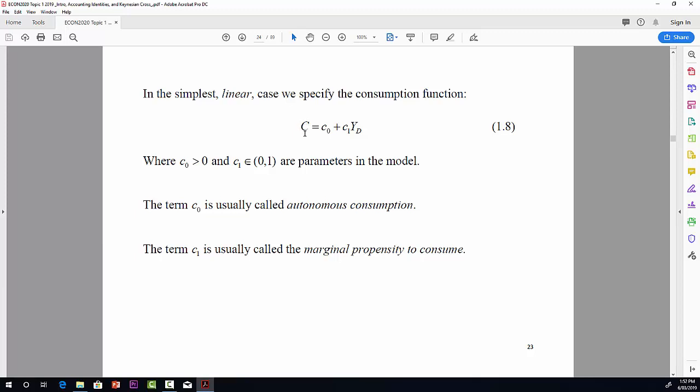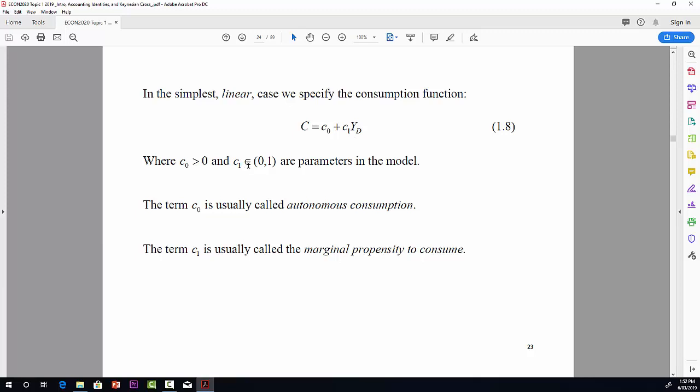So consumption is equal to some constant parameter, C0, where C0 is positive, which means it's just a positive parameter. So some number, maybe 5. Plus C1 times disposable income.